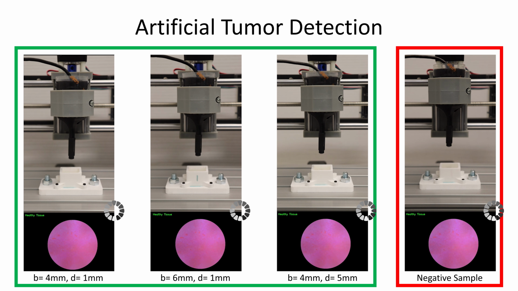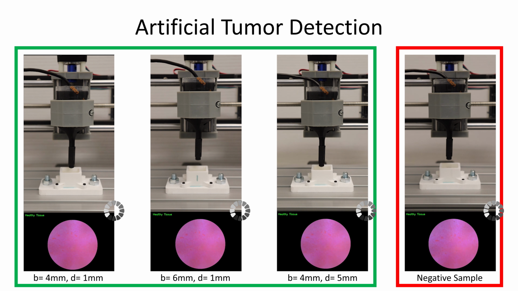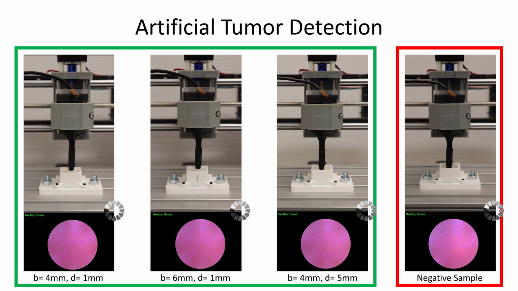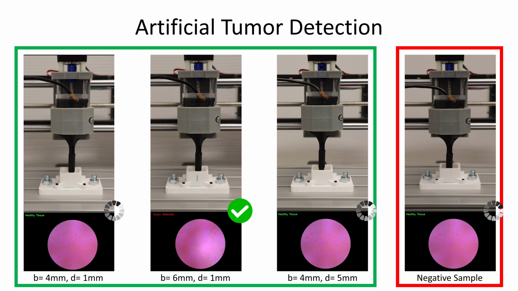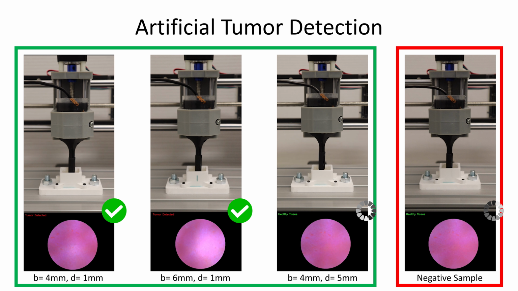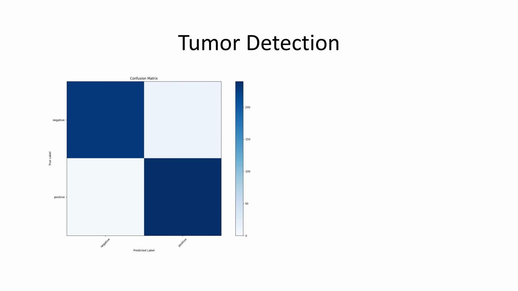Here we present demonstrations of tumor detection using TacScope in real time. During these demonstrations, dummy tumors were placed at depths of 1 mm and 5 mm beneath the phantom skin. We used a ResNet classifier to distinguish between positive and negative samples.